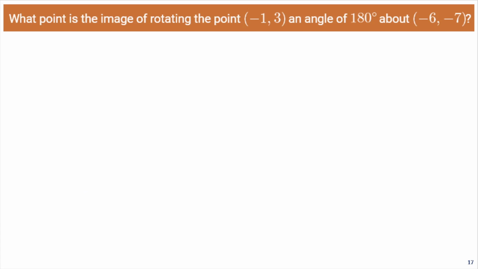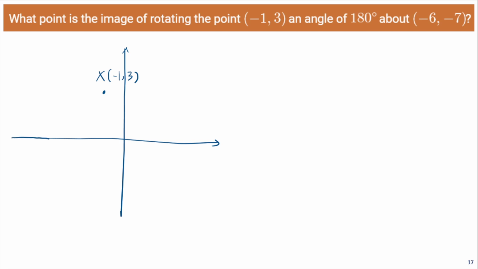Okay, let's have a look at the solution together. Okay, -1, 3 is probably here. Let X be the point -1, 3. And we have another point, -6, -7, and it's probably somewhere here.